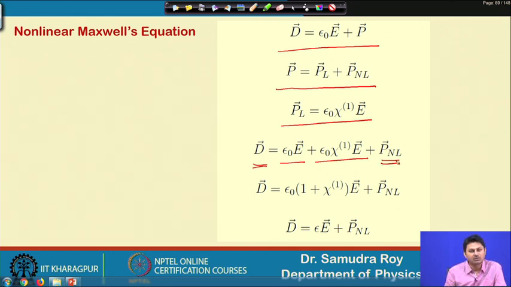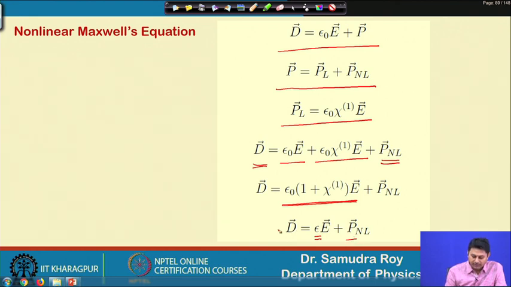We just leave the P nonlinear term as the P NL vector. After having the value of D, now it is time to write it in a compact way, and if I do, then it should be epsilon 0 (1 plus chi) E, and we know that epsilon 0 (1 plus chi) is nothing but epsilon, and P nonlinear will be there.